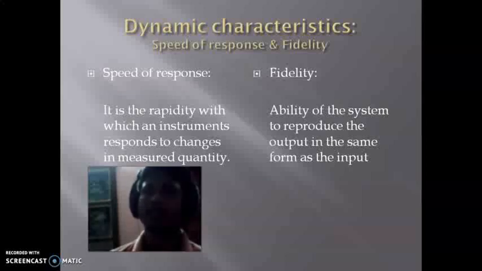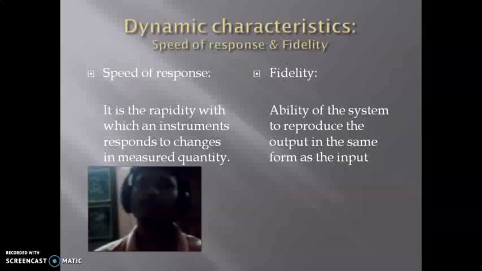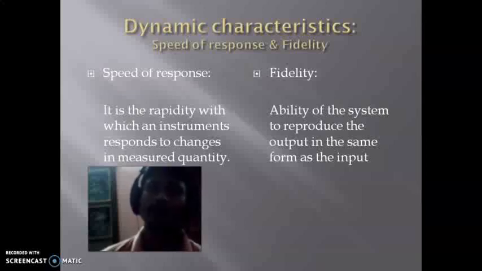Dynamic characteristics I already discussed. Basically, if the characteristics change with time, we call them dynamic characteristics. First, we discuss the speed of response. It is the rapidity with which an instrument responds to changes in the measured quantity. Suppose the variable we apply to the input is changing with time.